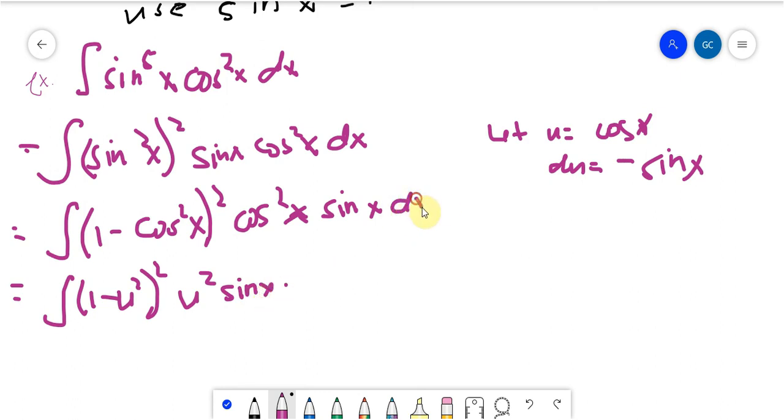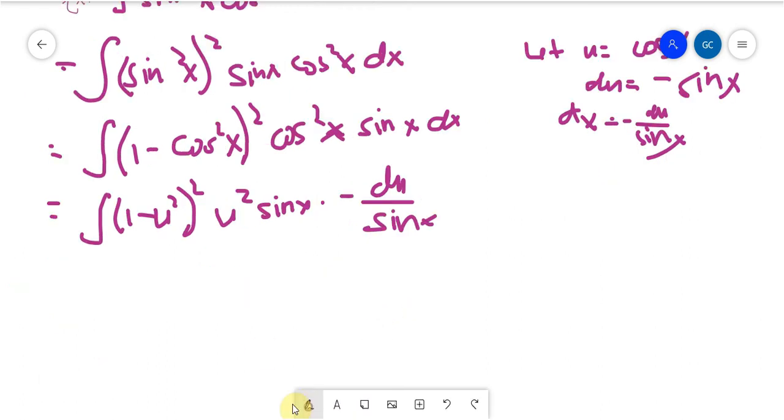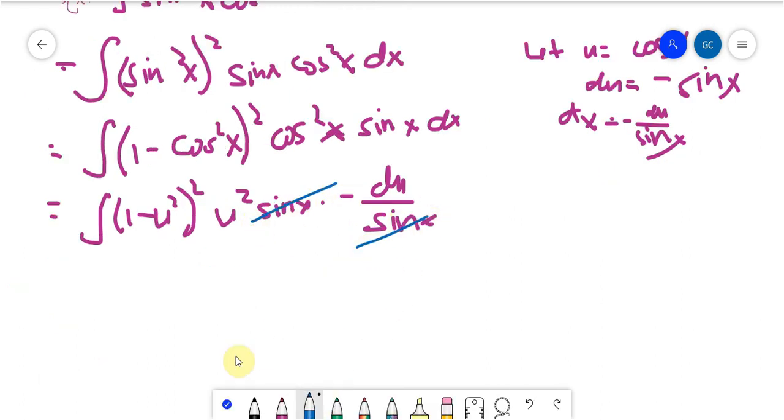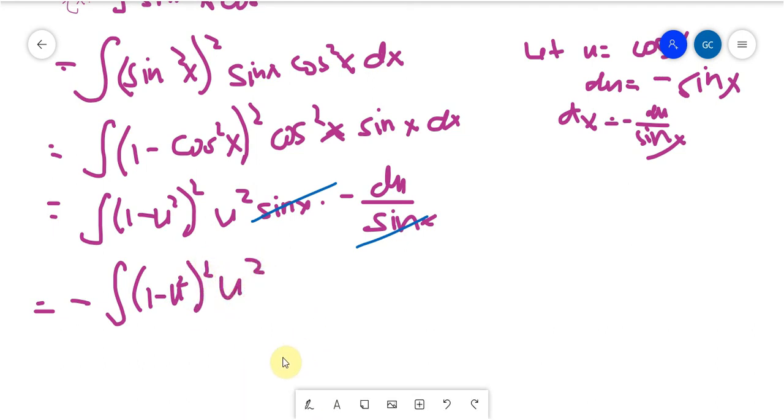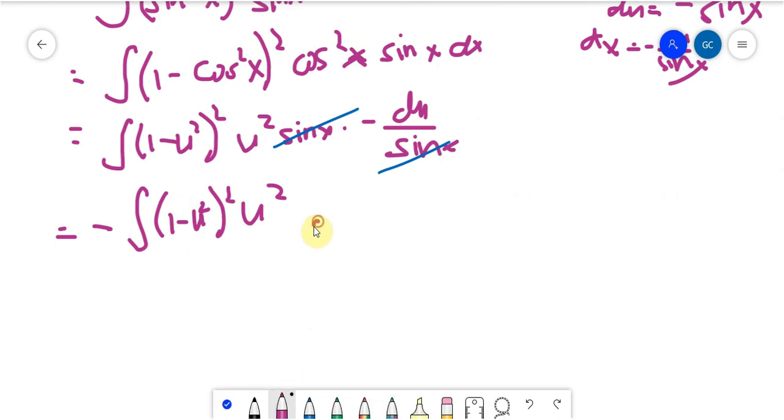Now our dx is du over negative sine x, so this is negative du over sine x. So our sine will cancel, and we place the negative here, so we are left with 1 minus u squared squared times u squared du. Forgot to write du.